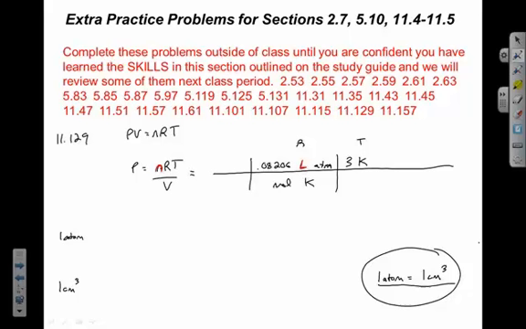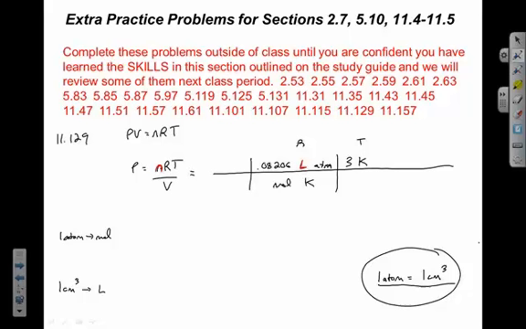So all I need to know is how many moles are in that milliliter, or really what I need to know is how many moles are in a liter. Because if I want to convert the volume to liters and plug that in, I need to know how many moles are in that liter so I can plug the moles in for n. So if I have an atom, I'm trying to convert this to moles. And if I have a centimeter cubed, I'm trying to convert that to liters.